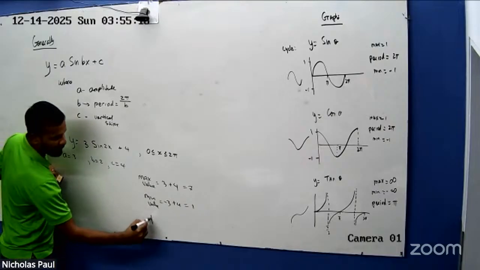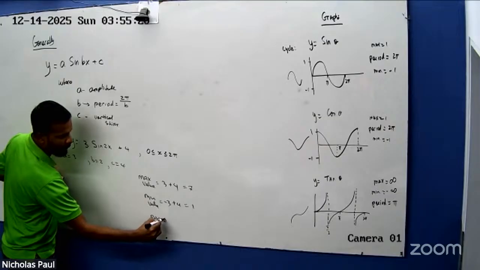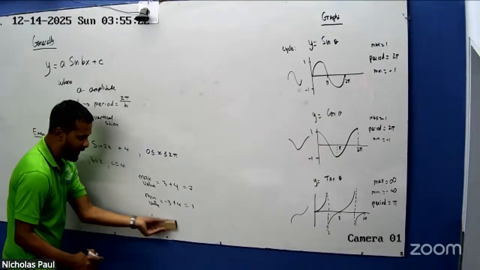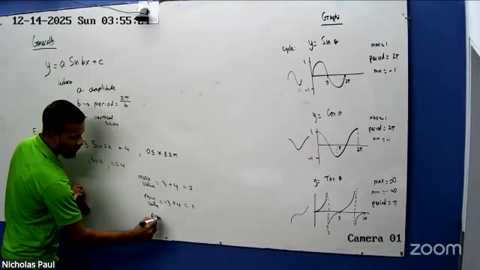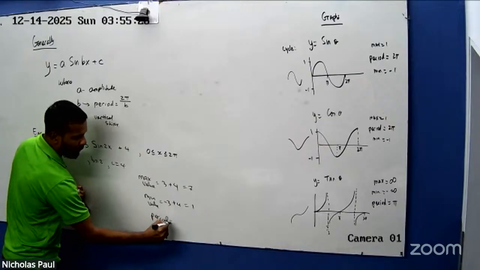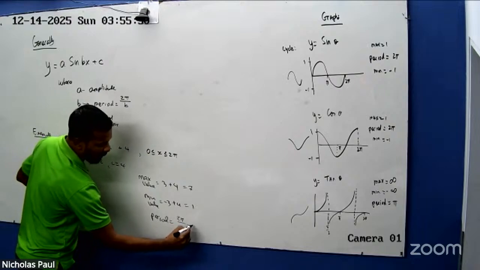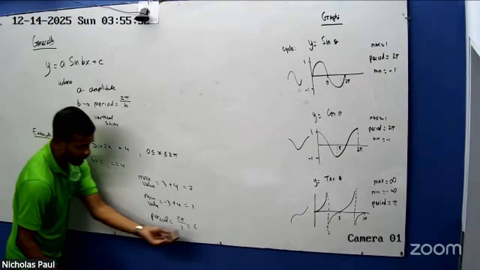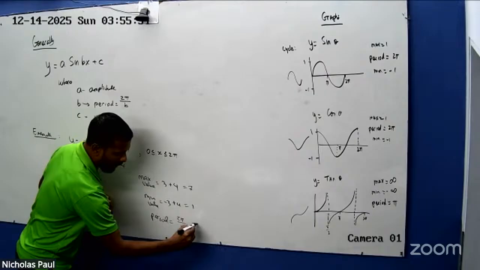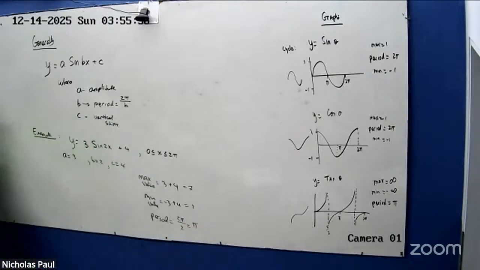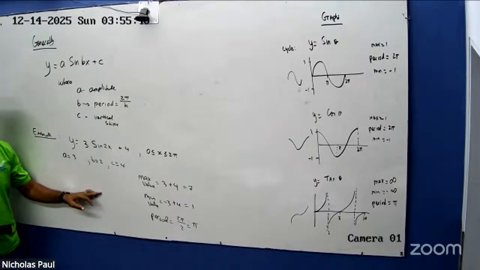Period is what? Your period, that formula didn't really change. Your period will be 2 pi over b. So your period is 2. Sorry, pi. Your period is pi. Everybody okay with that? Last part. The last part is we need to get the equilibrium line.